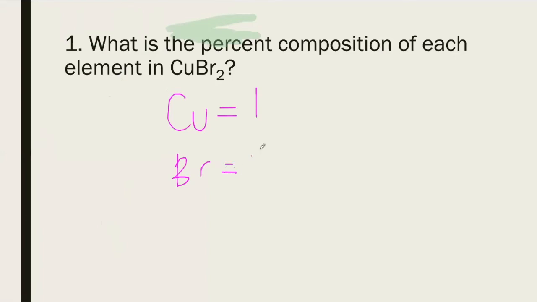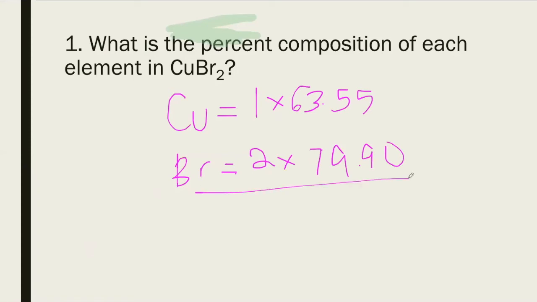So, kung na-base nyo sa periodic table na given sa mock exam nyo, Cu has a value of 63.55. This is rounded off to the nearest 2 decimal places. And Br has a value of 79.90. So let's multiply that. So 1 times 63.55 is, of course, 63.55.